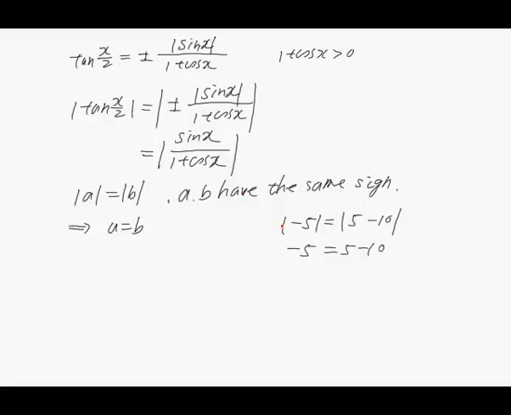So now, from this, we know tangent half x is equal to sine x over 1 plus cosine x. In this way, we geometrically simplify the half angle identity for the tangent. Any question?